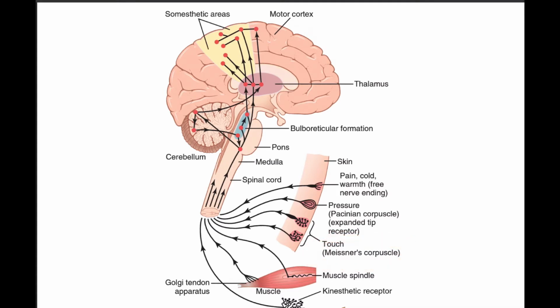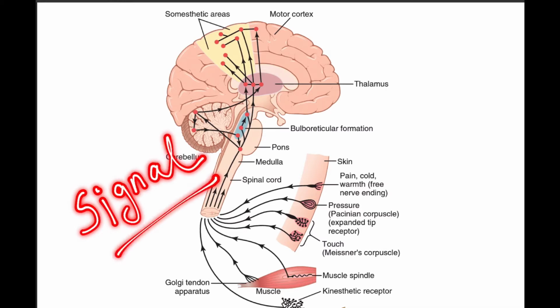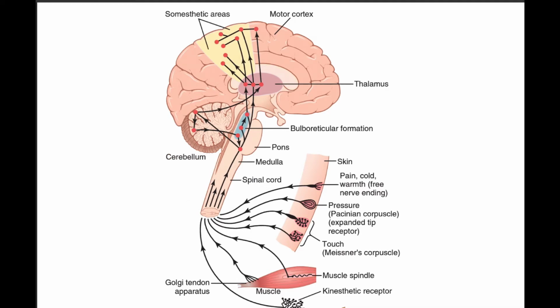These receptors sense the touching sensation and convert that mechanical stimulus from the outside into electrochemical energy, electrochemical signals, which we call action potential. So the receptor converts the mechanical stimulus into electrochemical action potential, and this action potential is taken by the neurons.